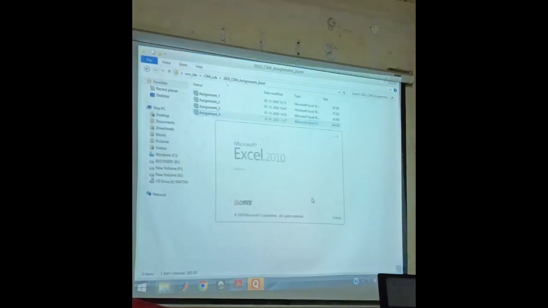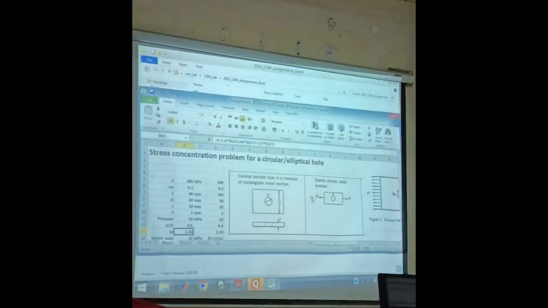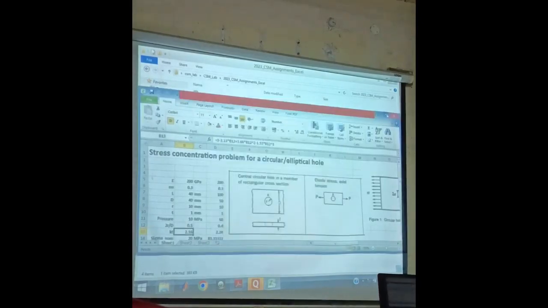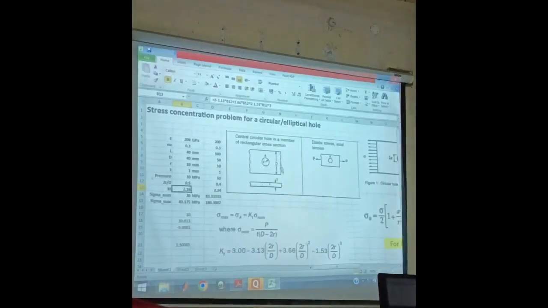Let's show that. Excel sheet I have created. 3 cases. First case, sigma max, this is the formula I have taken from this.